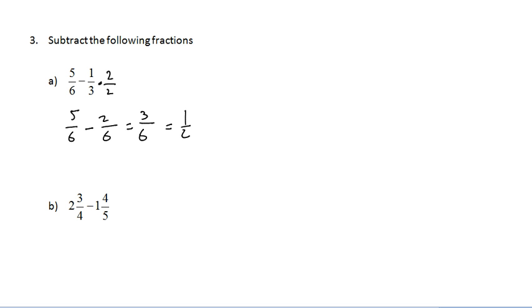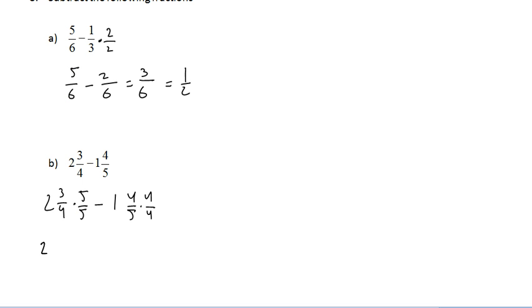Okay, and next guy, got 2 3/4. And I'm going to multiply that by 5/5, so I get a common denominator of 20. And multiply that by 4/4.